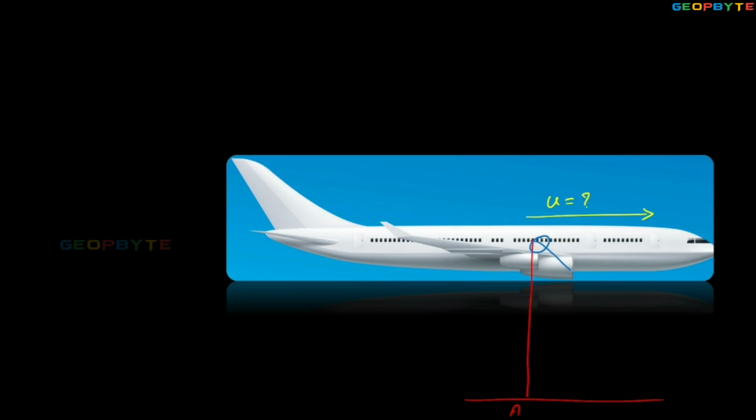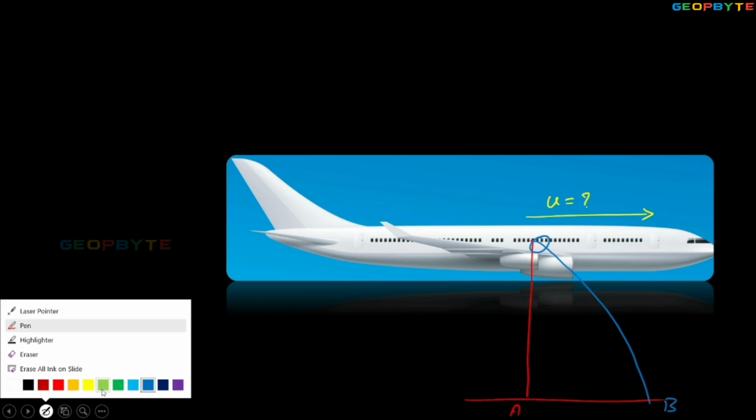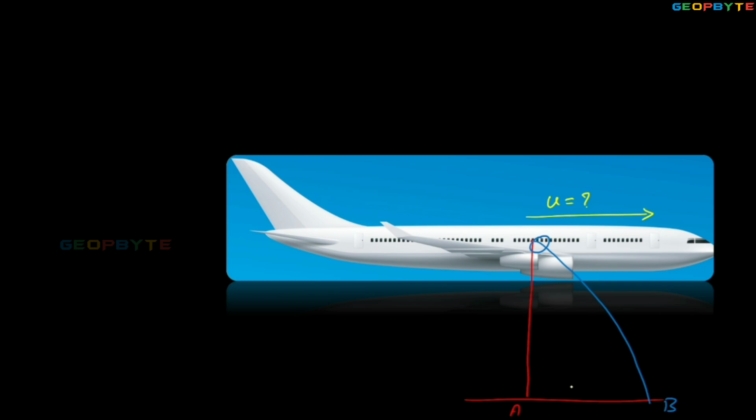The food packet is reaching the ground somewhere at B such that the distance AB is given as 3 kilometers. The distance AB means range only. So range R equals 3 kilometers, which means 3000 meters.